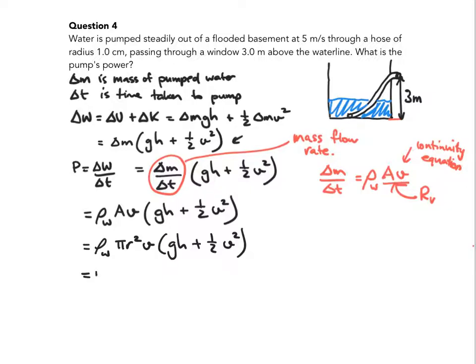So we can put in 1000 for density, pi r squared with 0.01 meters squared, the velocity is 5 meters per second, 9.8 times 3 plus half 5 squared. And this equals 66 watts.